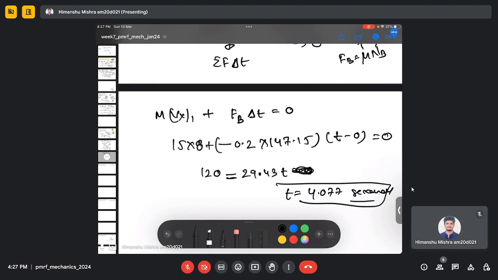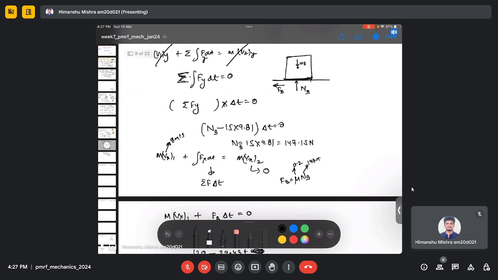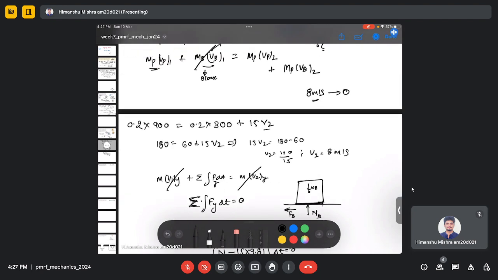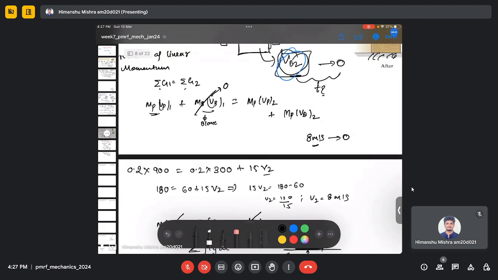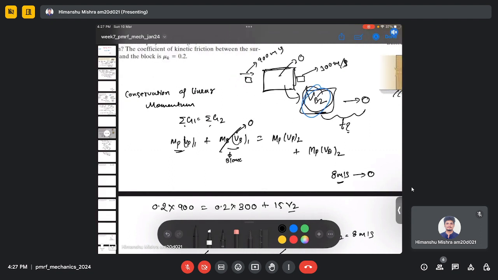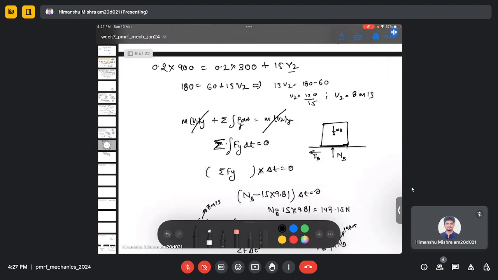As I said, we use the impulse momentum equation to determine the force and time here. And we use the conservation of linear momentum to determine the velocity which is imparted from the bullet to the block. Once we get an idea about the final velocity of the block, then we use the impulse momentum equation to determine the unknowns.